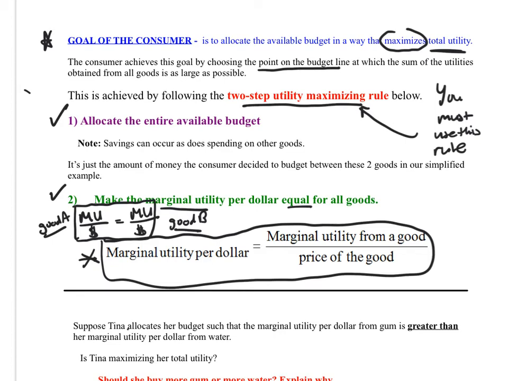And the second thing is you must equate the marginal utility per dollar. So that is the marginal utility of the good divided by the selling price of that good, and then you do the same thing for the other good. When the two of them are equal, then that is the point that's going to maximize your total utility.